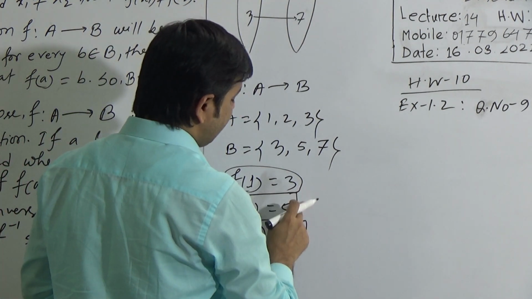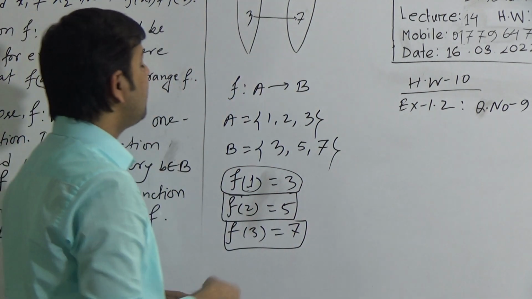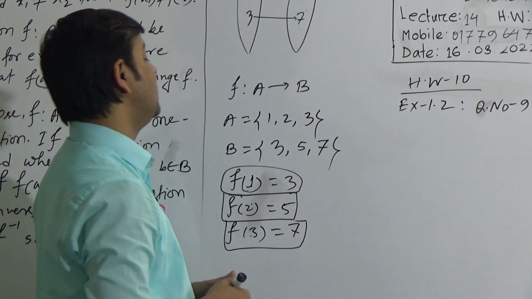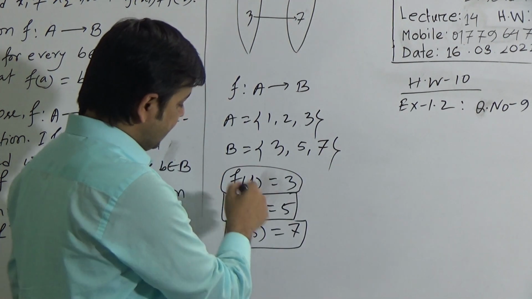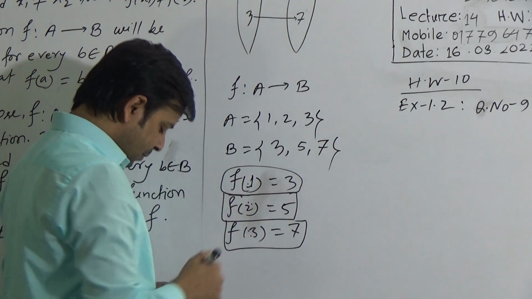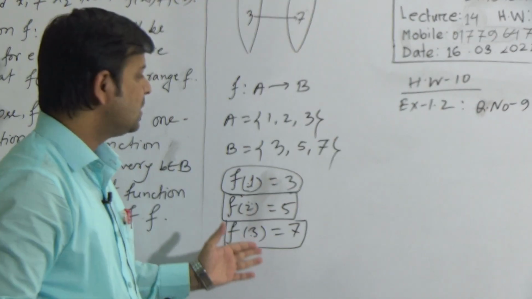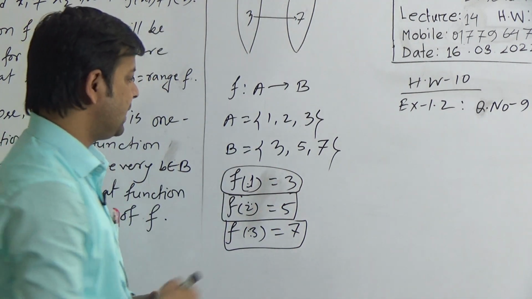So 3, 5, 7 are the images of 1, 2 and 3 respectively. Here if you notice, for every distinct element of the domain, the images are also distinct.